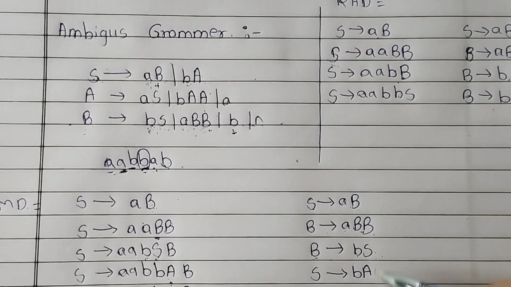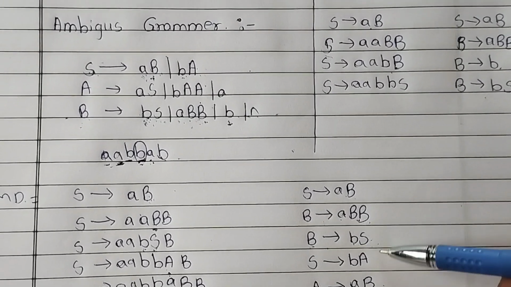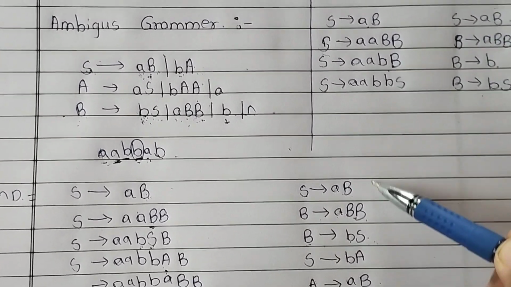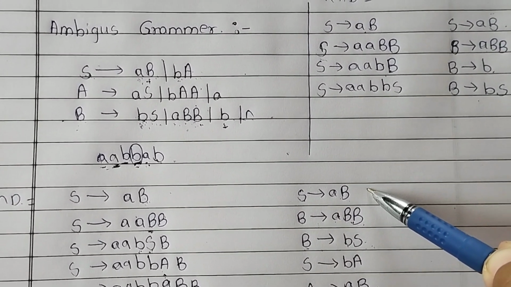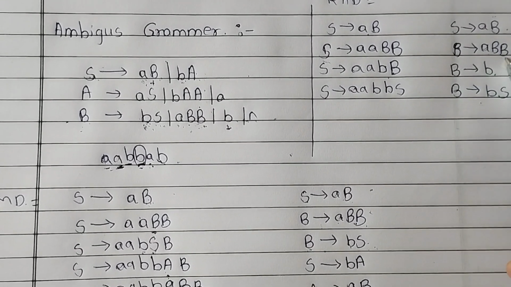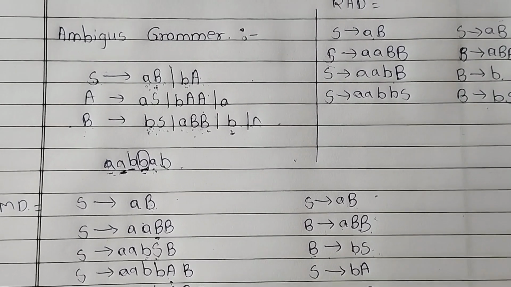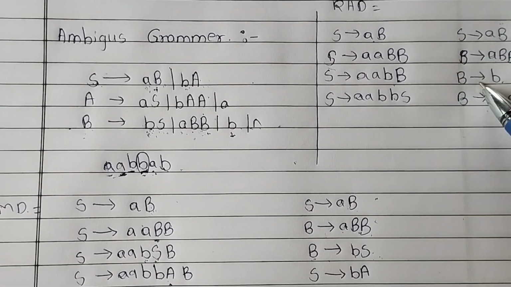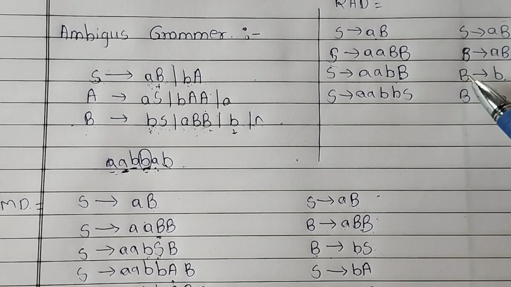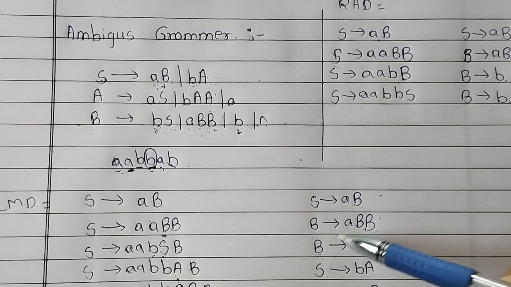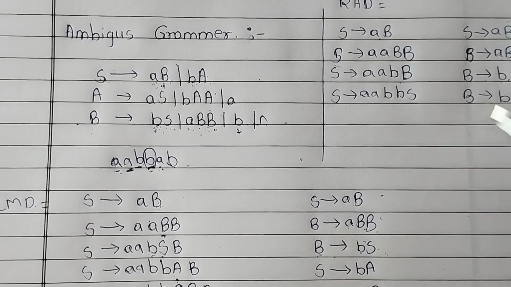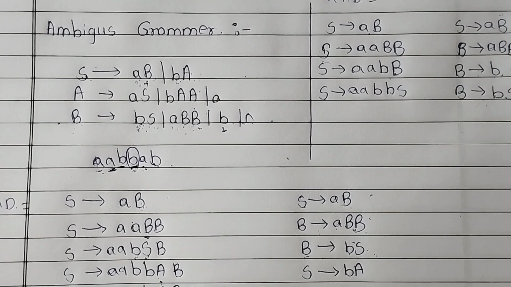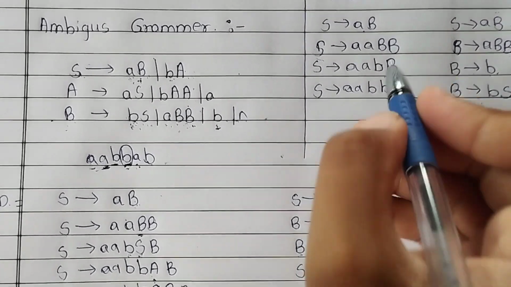Now here we change the steps. See here, first, yes, S reads AB as it is, B reads ABB as it is, because we have no other option, but here an option is present, so we change the production. B reads B and B reads BS. Now from this production all these steps change.